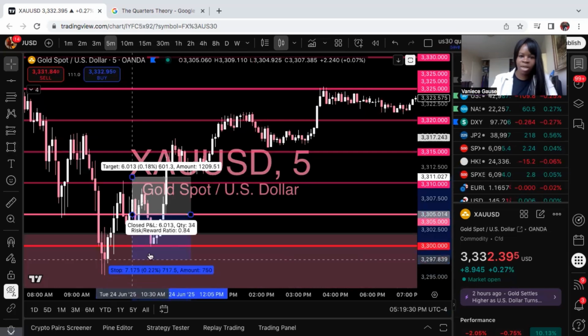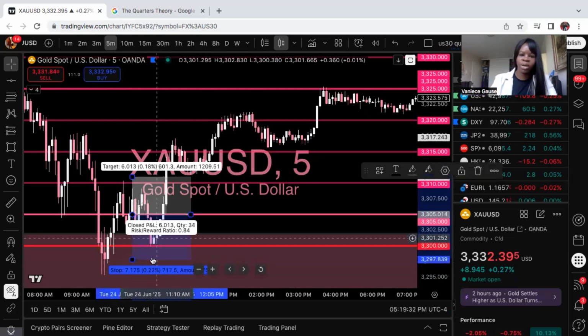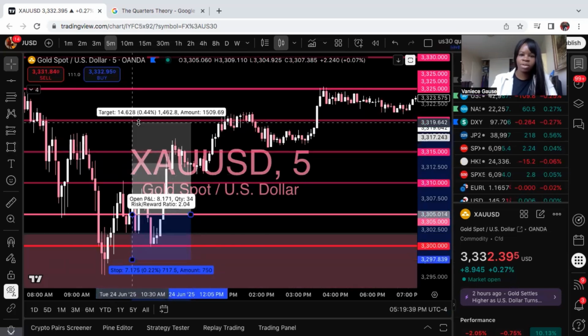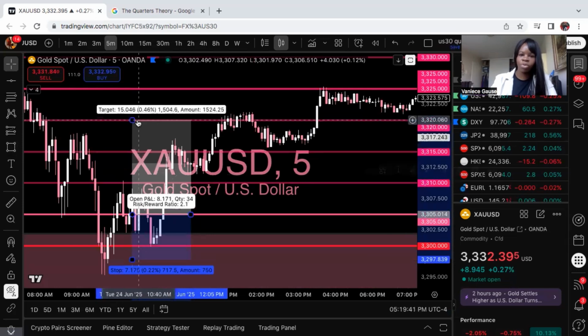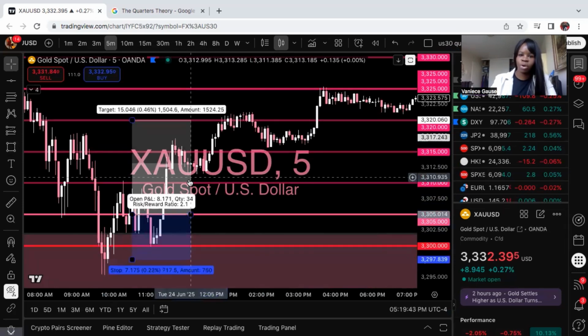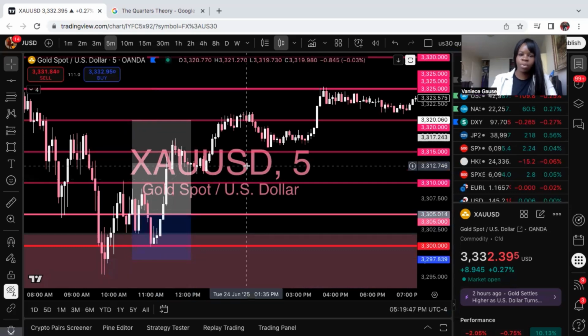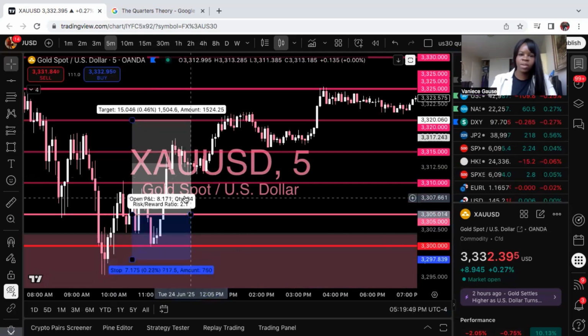My goal is, okay, cool, let her do her thing. She's going to want to play around, fake people out. I would extend my stop loss a little bit and then see if I can catch the full move, at least a minimum of a 1 to 2 risk to reward. So this would have been a setup that I would have potentially looked for.